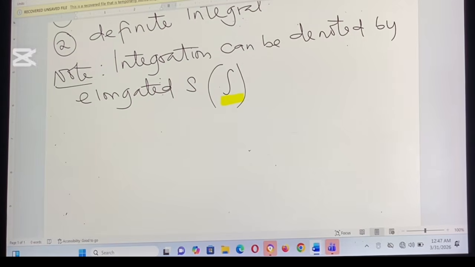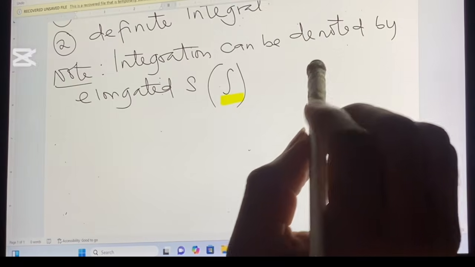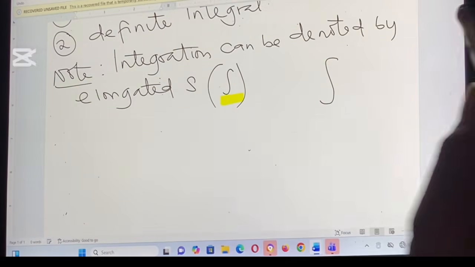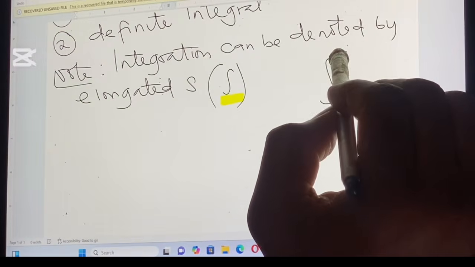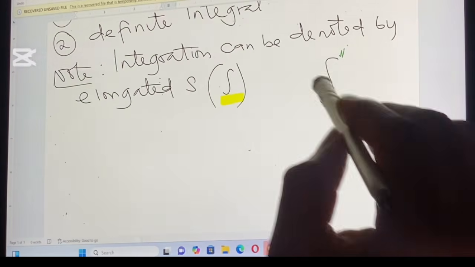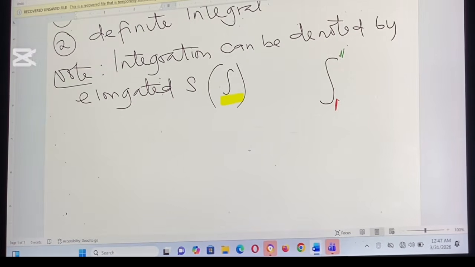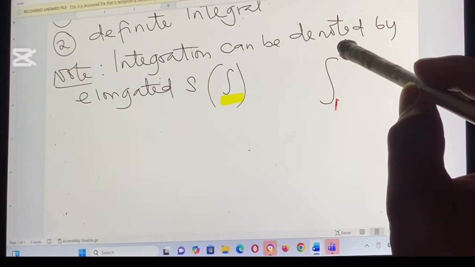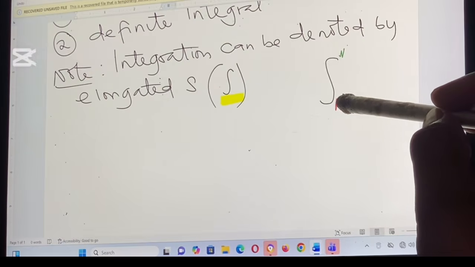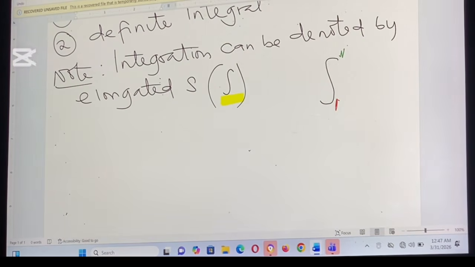If I have an integral without the upper boundary and without the lower boundary, we call that particular integral an indefinite integral.